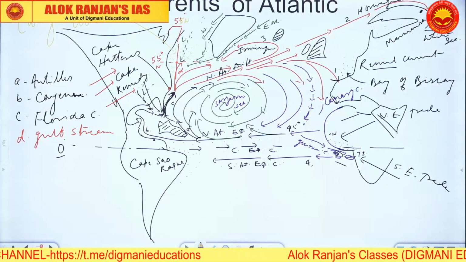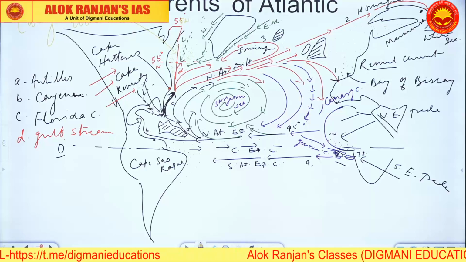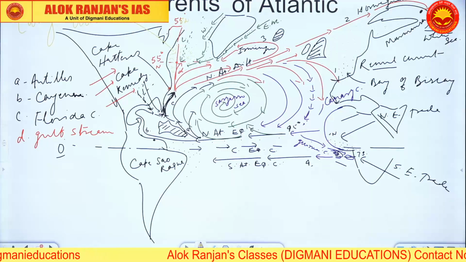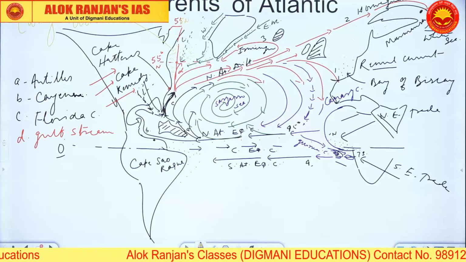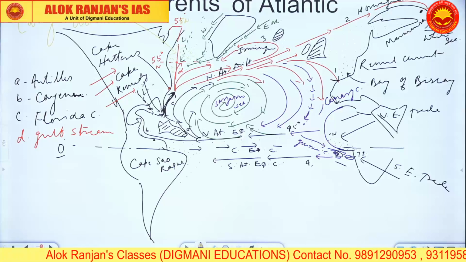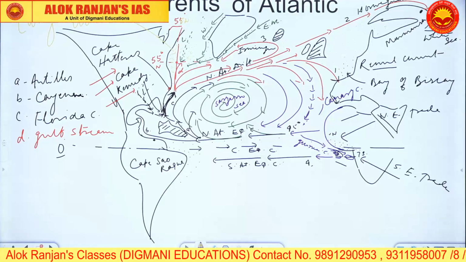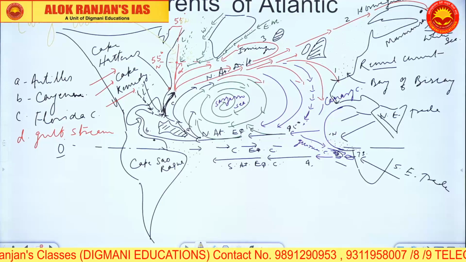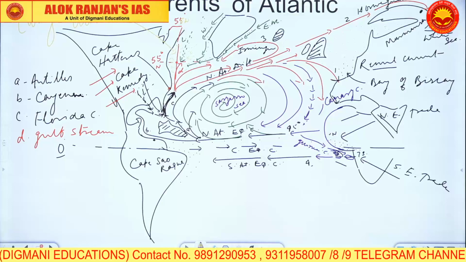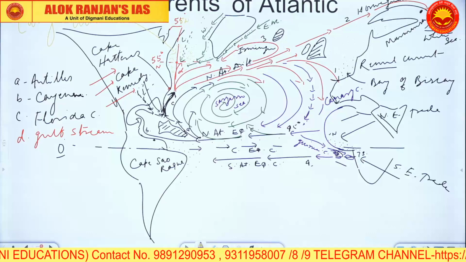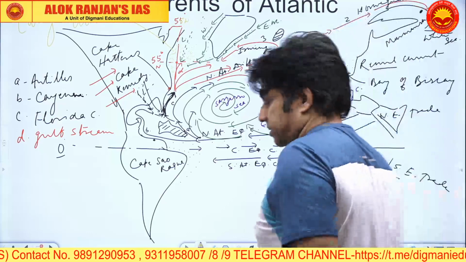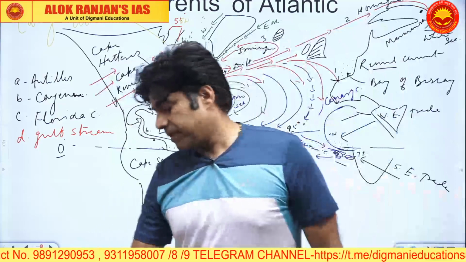Why is it called drift? It is called drift because the volume is much greater and the velocity is greatly reduced, because if you increase the mass, the volume, the velocity will be less.